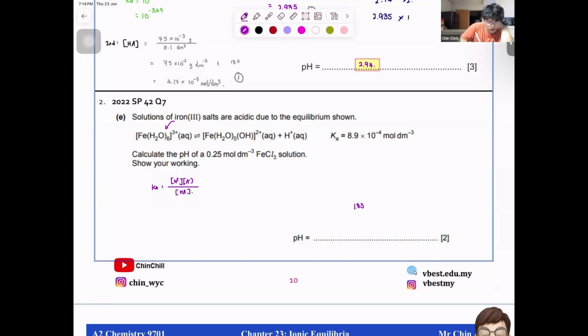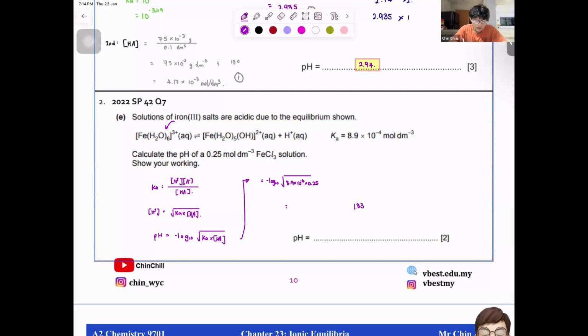So eventually I can just say that H plus equals the square root of Ka times HA, right? pH, negative log base 10. How much?